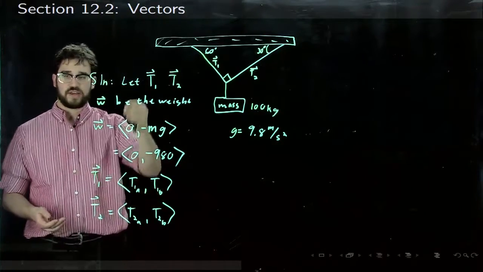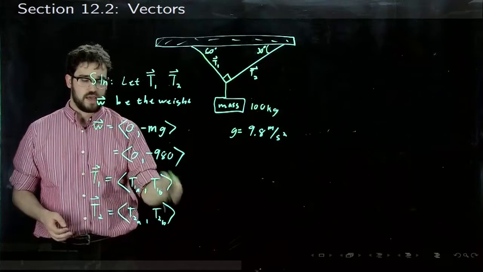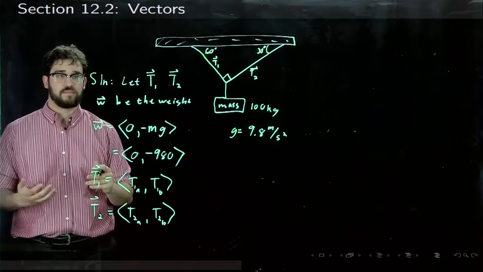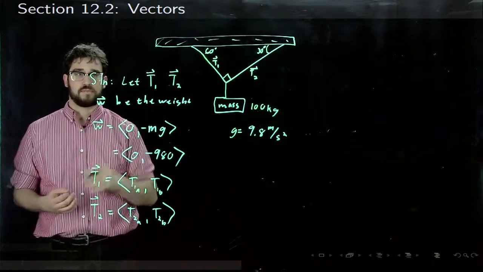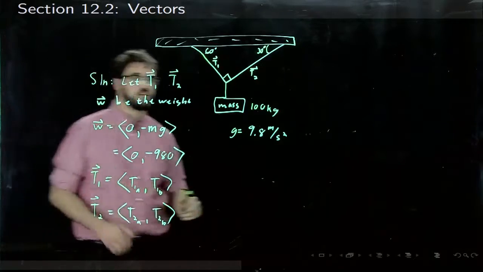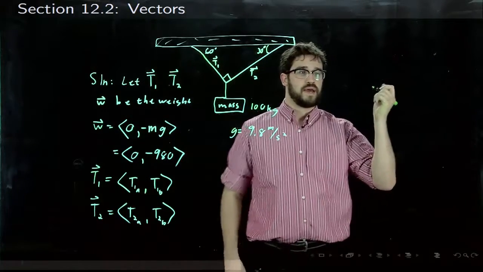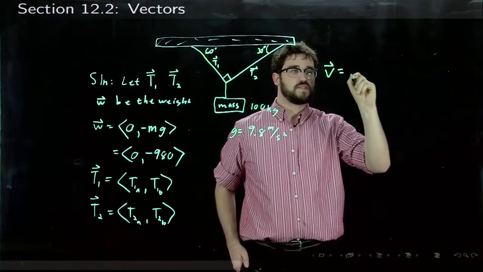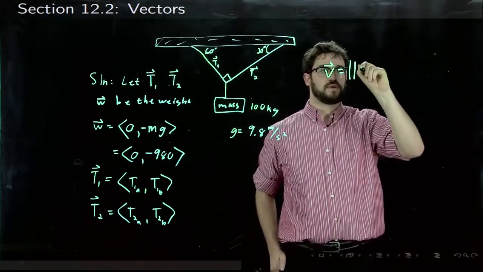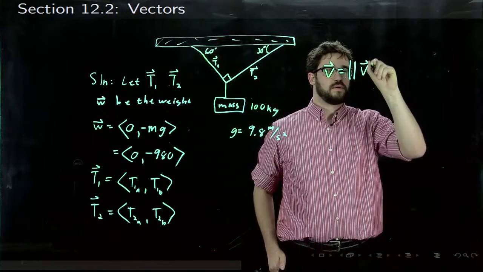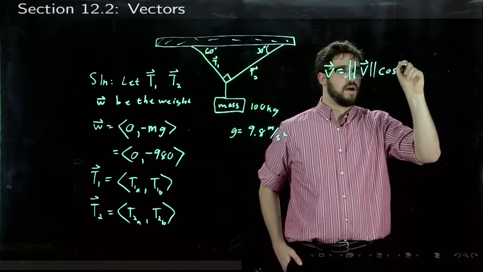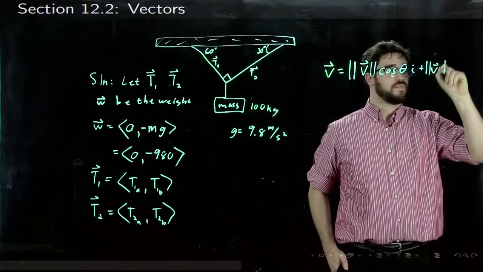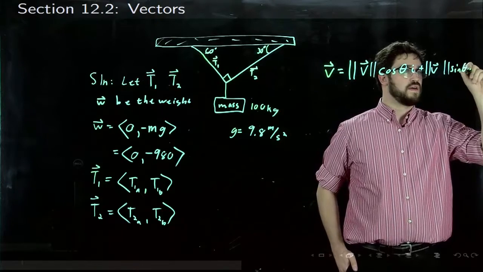But if we just tried to add it all component-wise, we would have 4 unknowns here. So let's think about this slightly differently. Remember from our two-dimensional problem that we just did that V is equal to the magnitude of V cosine of theta i plus the magnitude of V sine of theta j hat.